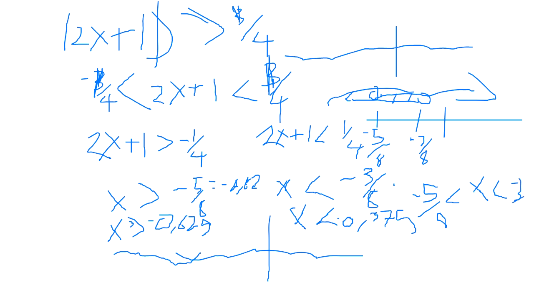Then in interval form, we can write it as parenthesis minus 5 over 8, comma, minus 3 over 8. Please, any questions there? No, we got it. It's clear.